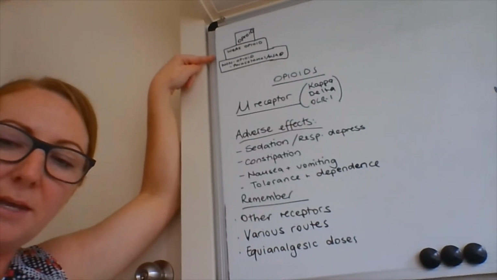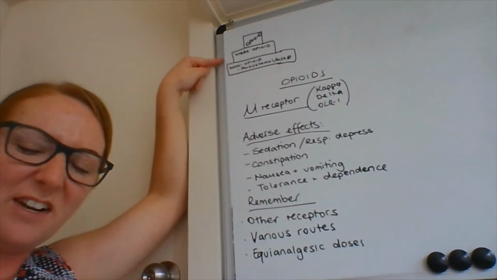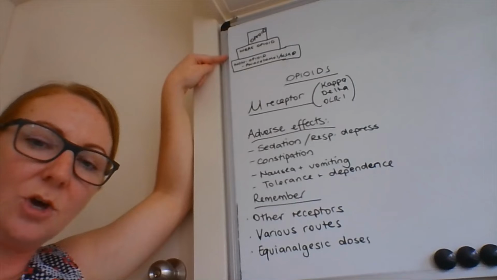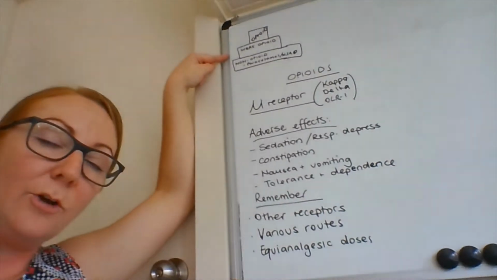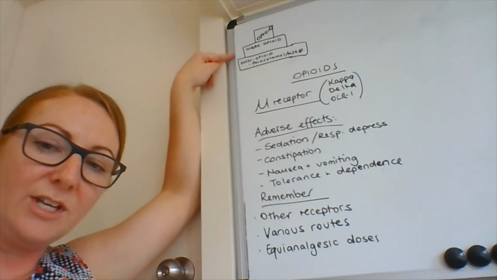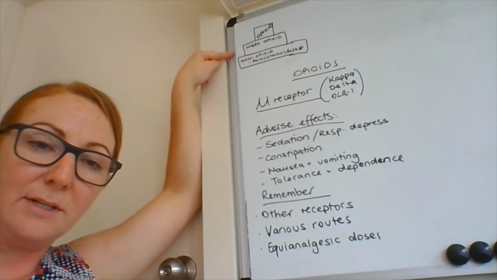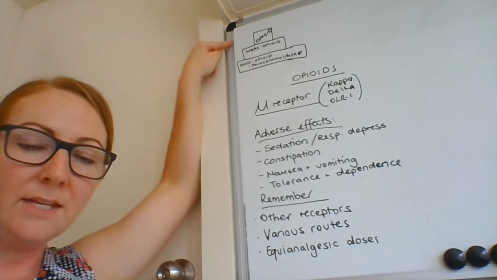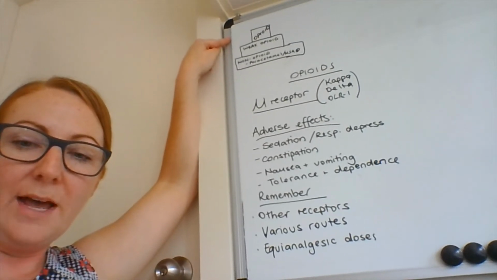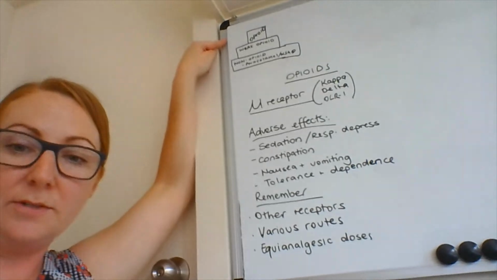There's a middle step called weak opioids, which is a bit of a funny one. It includes medicines such as codeine, which is technically an opioid but is considered a weak one, and tramadol, which again has activity at the opioid receptor but is considered weak. And then the very top rung of the ladder for pain management is the opioids.